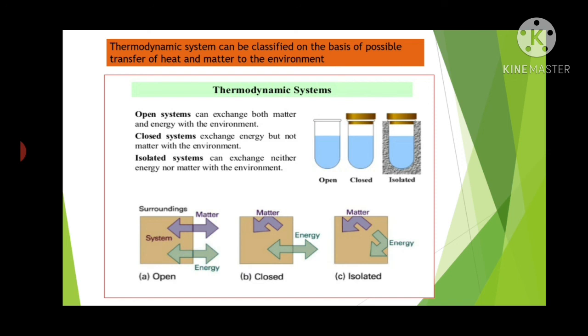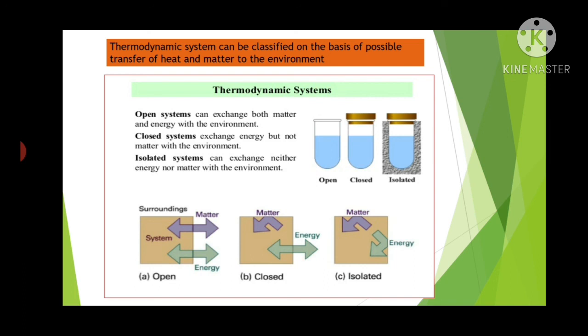Isolated system. Isolated system can exchange neither energy nor matter with the environment. That is, the whole system is closed or evacuated in a different insulating material. For example, I can tell you the thermos, right? Nowadays we are using the thermos for storing hot water, or you can say hot soup, right?